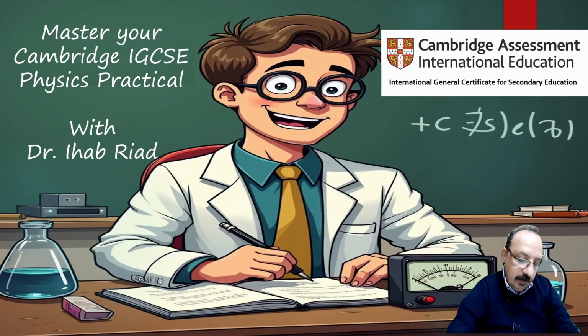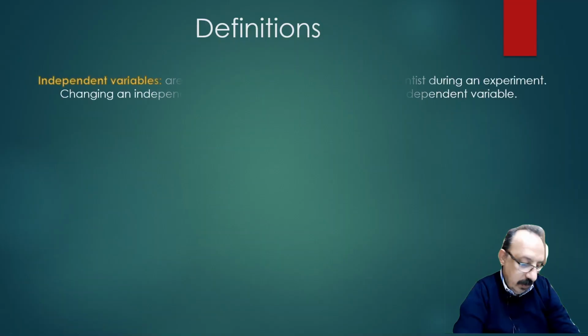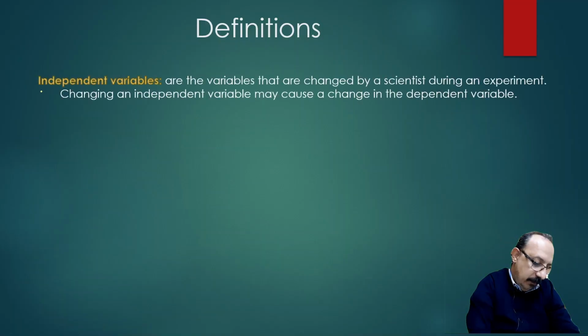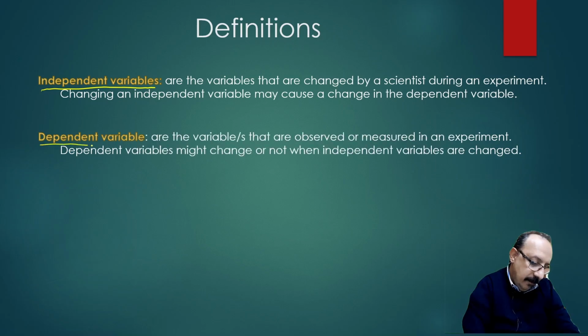If you remember from last time, we defined what we call independent variables, which are the variables that we have control over. These are the variables that we change during the course of the experiment, or we keep constant. Okay. We also defined dependent variables.